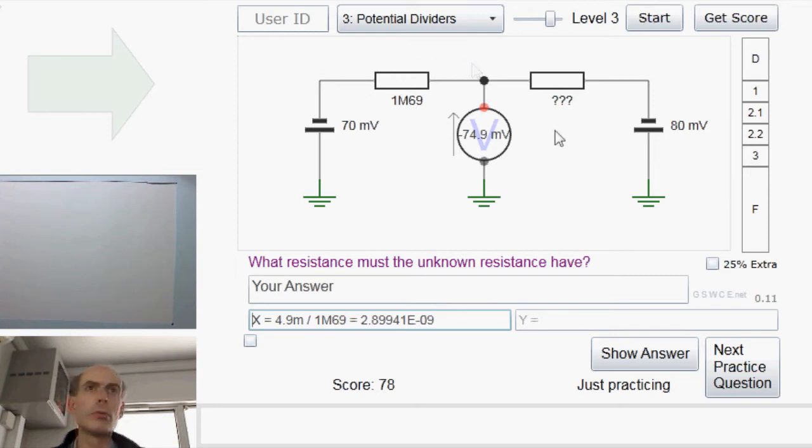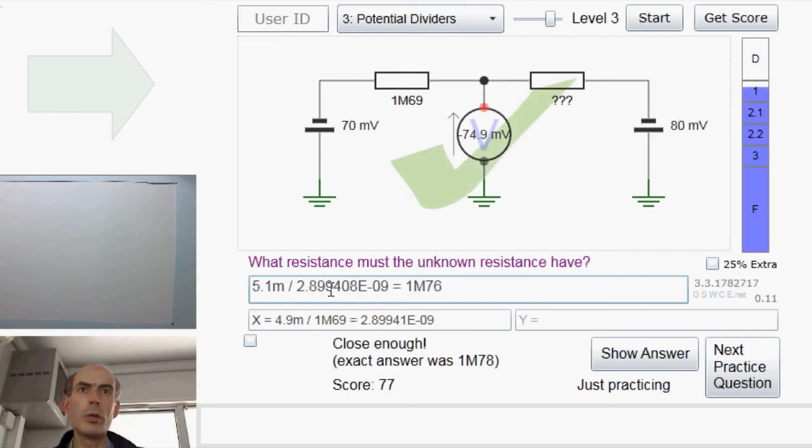We also know the voltage across this resistor, because it's minus 80 millivolts on this side and minus 74.9 millivolts on this side, which makes the voltage across that resistor 5.1 millivolts. And if we know the voltage across the resistor, 5.1 millivolts, and we know the current through the resistor, we just worked it out down here, it's in the X box, divided by X, we can work out the resistance, close enough to get it right.